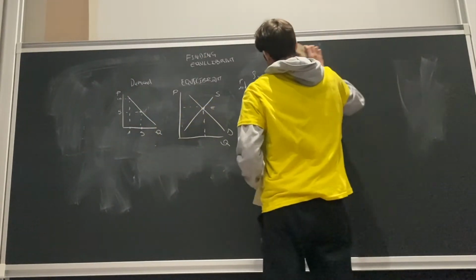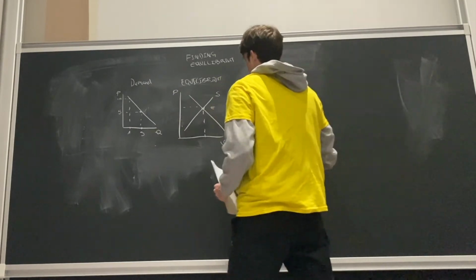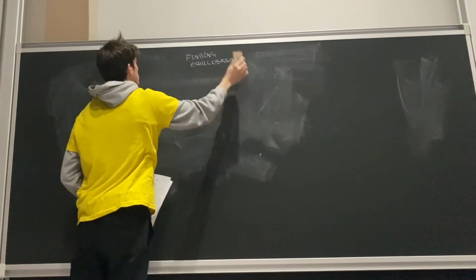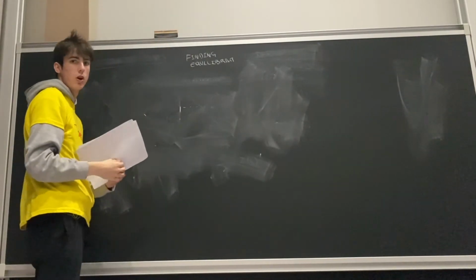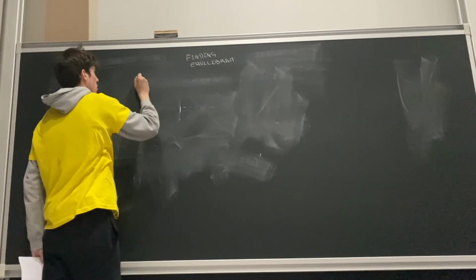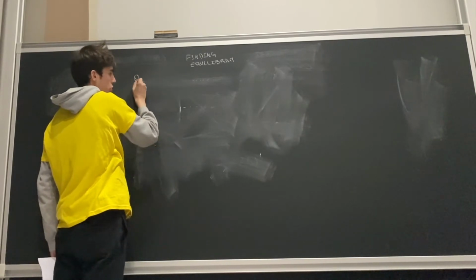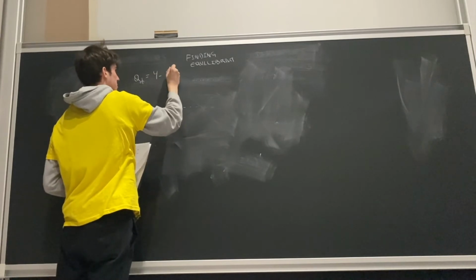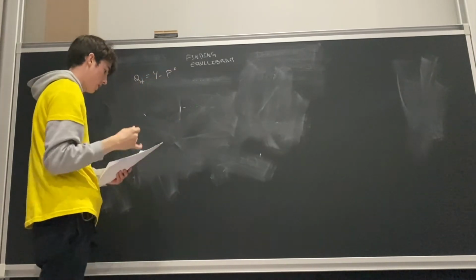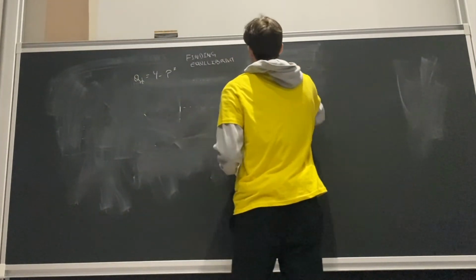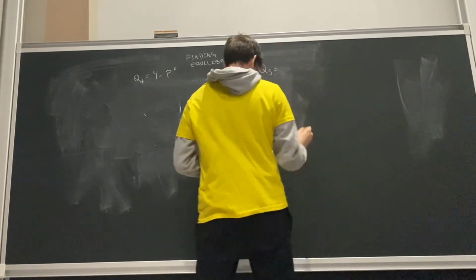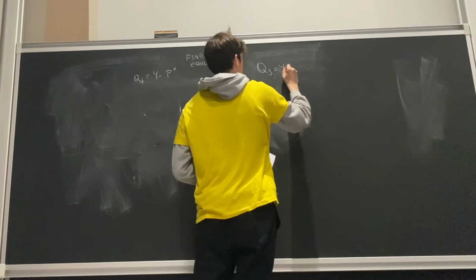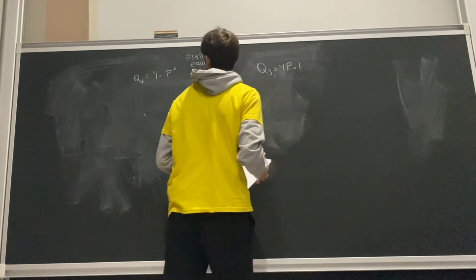So let's do it with an exercise. Let's imagine they give you a function for quantity demanded, QD equals 4 minus P squared. And for QS, quantity supplied, they give you a function that is 4P minus 4.